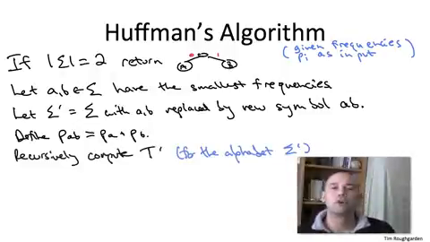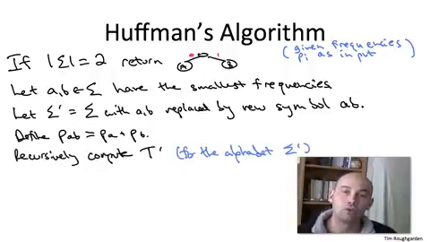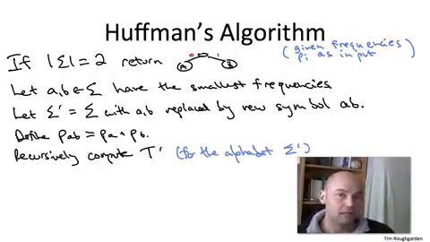So what the recursive call returns is a tree whose leaves are in one-to-one correspondence with sigma prime. That is, it does not have a leaf labeled A, it does not have a leaf labeled B, it does have a leaf labeled AB. So we want to extend this tree T prime to be one whose leaves correspond to all of sigma.